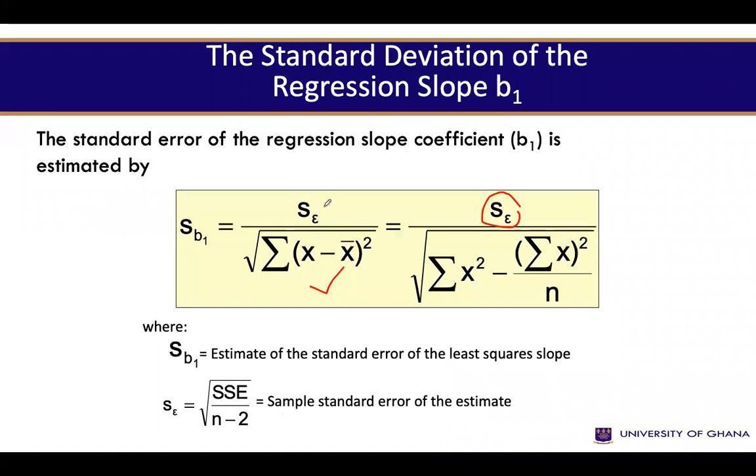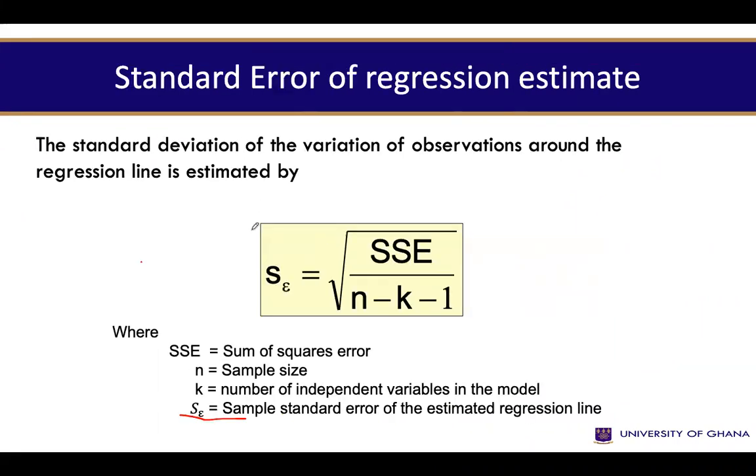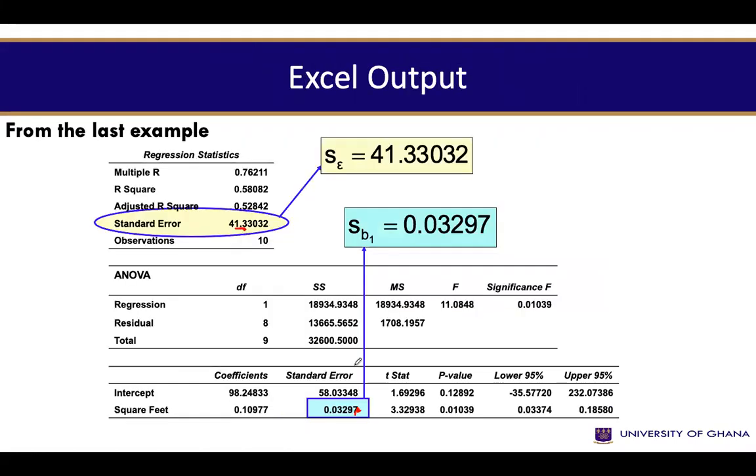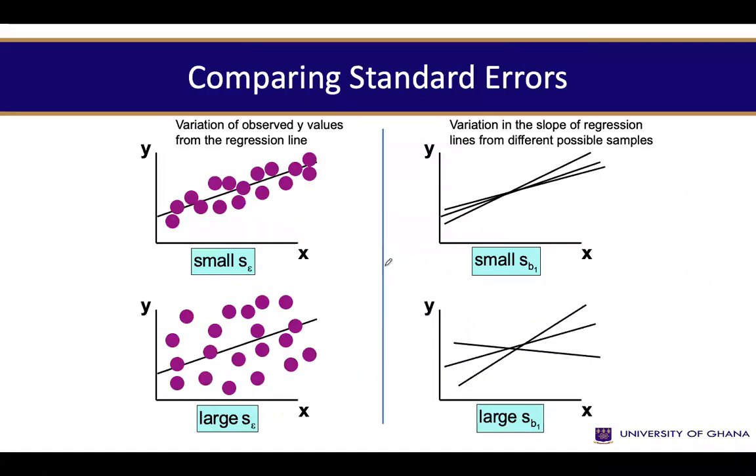If we divide the standard error of the estimated regression line by the square root of x minus x bar squared, we get the standard error of the least squares slope, that is the regression slope.